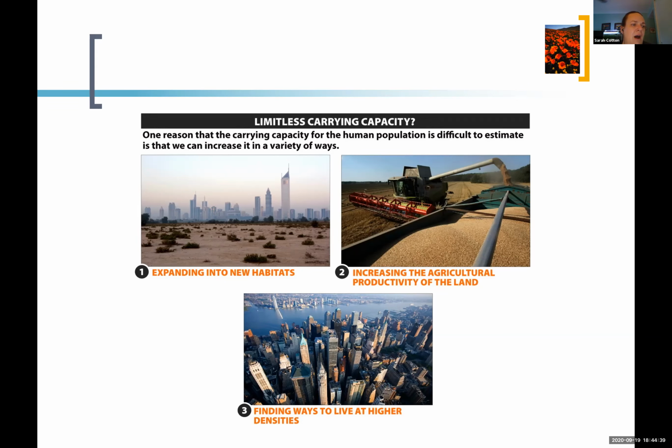All kinds of technology that allow us to extract more resources. So it's hard to estimate. Some people think that we're over our carrying capacity already. Other people think that we're nowhere close. It really varies depending on how you make that estimation.